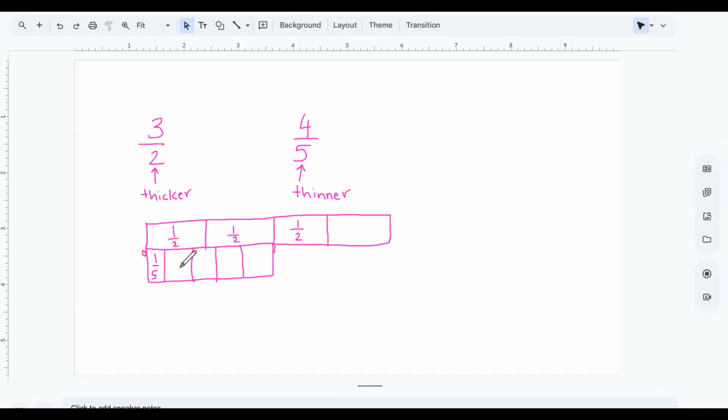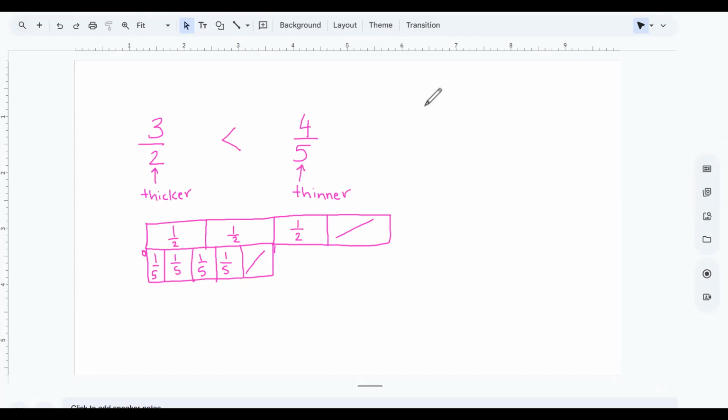However, 4/5 is less than a whole because you would need 5/5 to make a whole, but we only have 4 pieces available. So this is another way we can compare fractions.